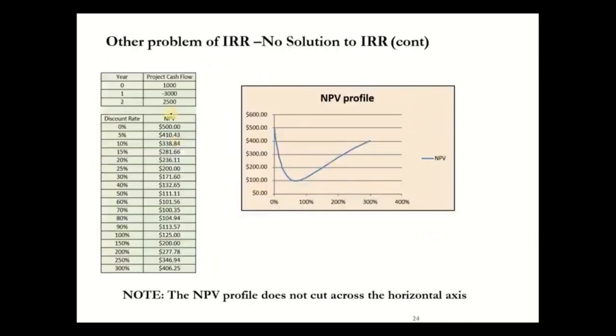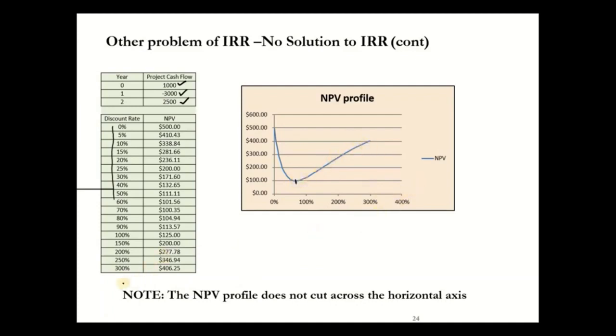modified IRR. So this is a problem we just discussed. 1000 in the start, then in year 1 we have 3000, and then 2500. If you just keep using these discount rates and apply the formula, you cannot reach NPV equal to 0. You can see that you cannot find any IRR here. After reaching this point, it will start increasing.